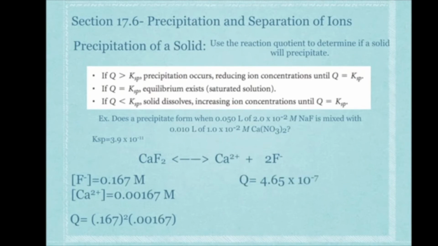My Q is 4.65 times 10 to the negative 7th. The KSP I have is 3.9 times 10 to the negative 11th, which means my Q is larger than my KSP. Since my Q is larger than my KSP, I need a shift to the left to decrease its size.